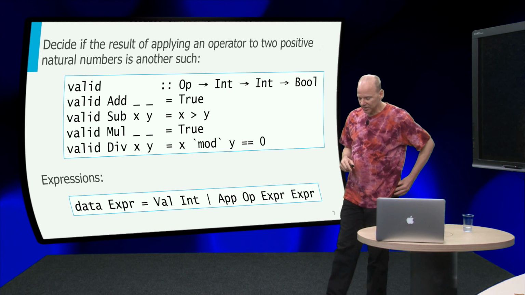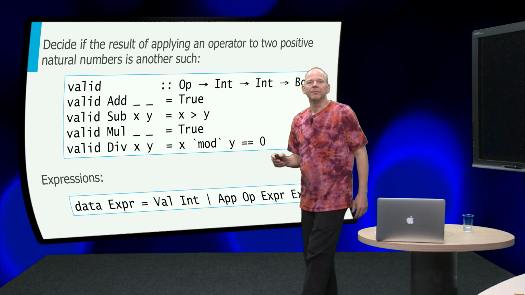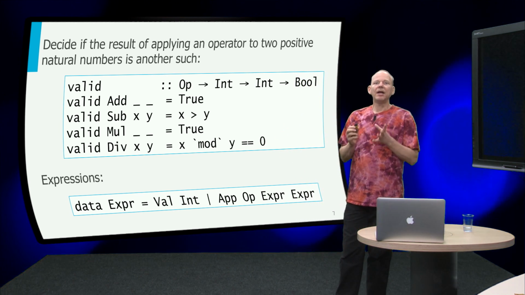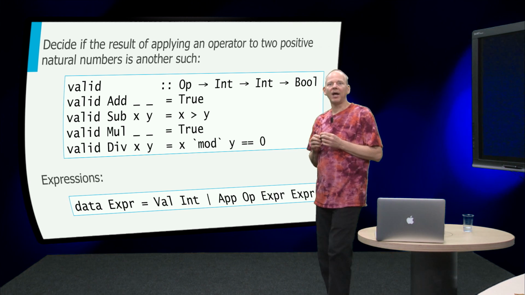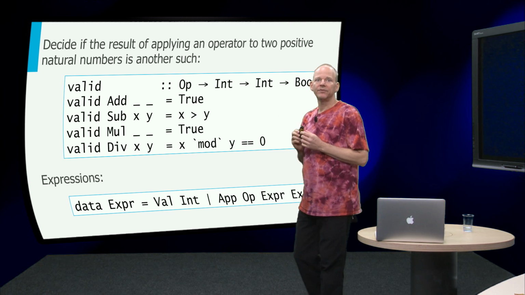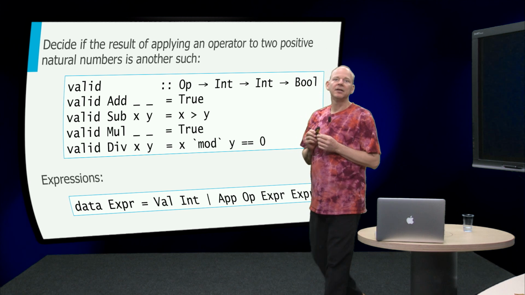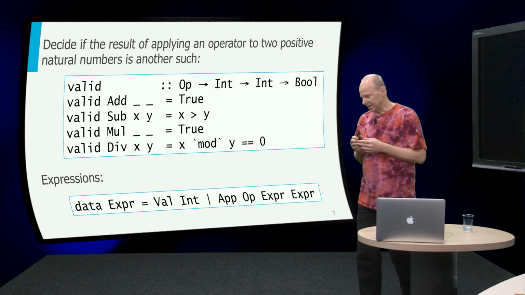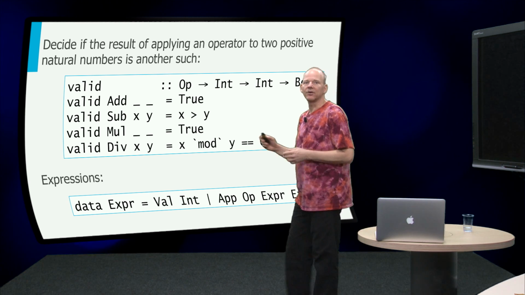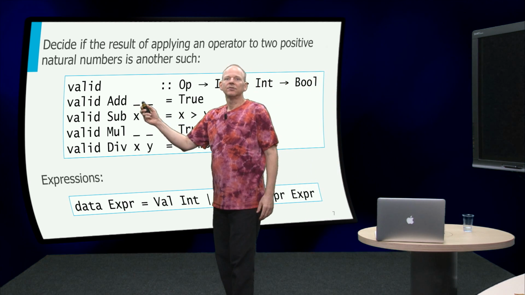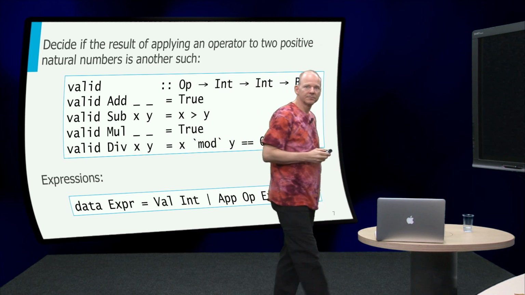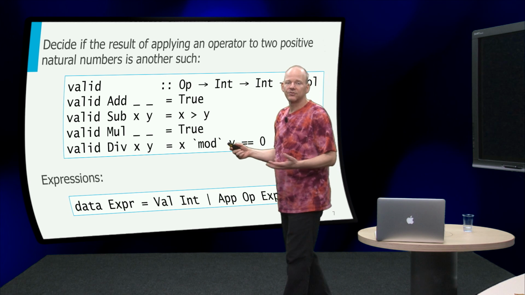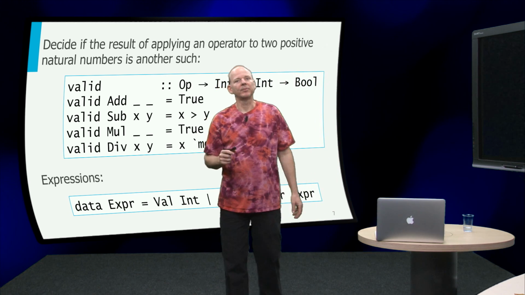Now let's encode the rules of the game. One of the rules was that every operator must be applied to positive numbers. So let's check whether, when we apply an operator, it's a valid application of that operator. If we add two numbers, we don't have to check, because if we add two positive numbers, the result will be positive.